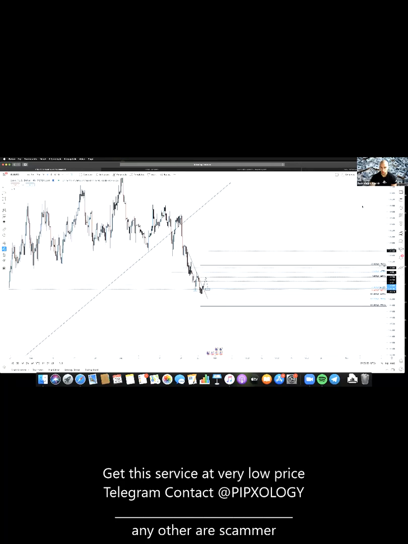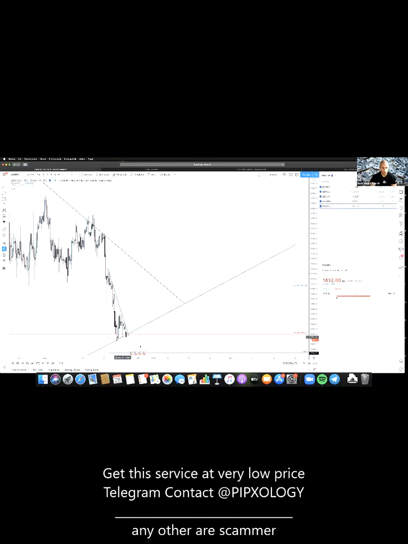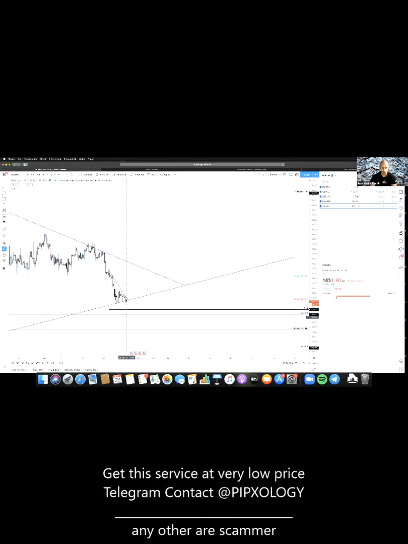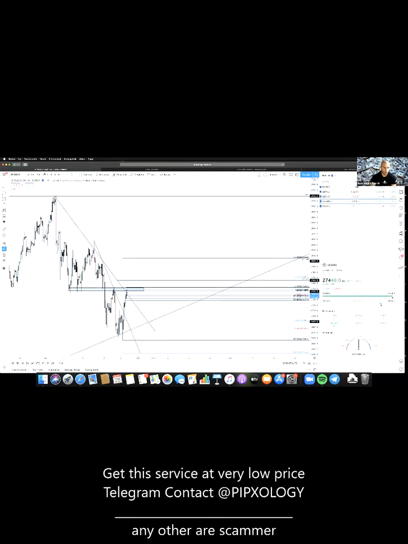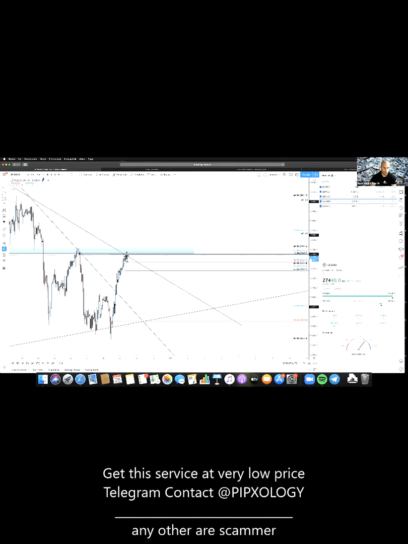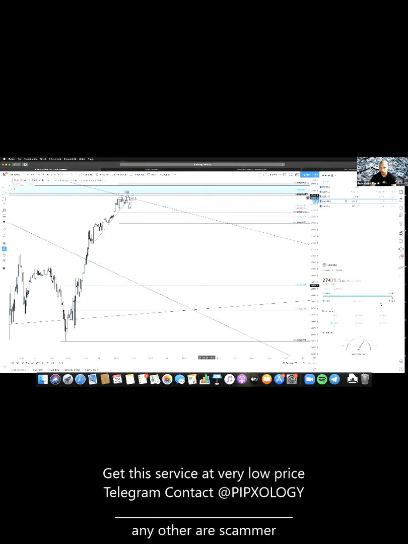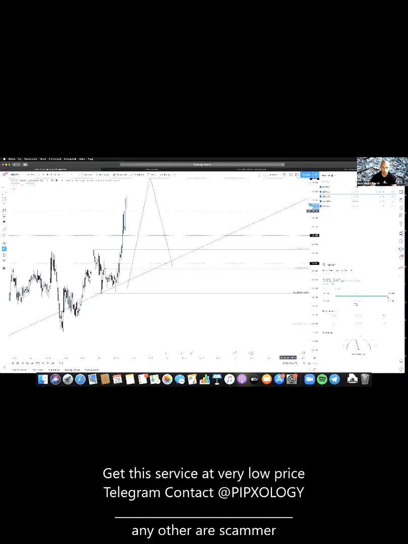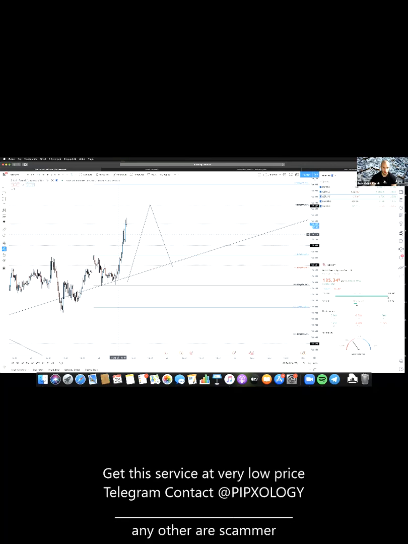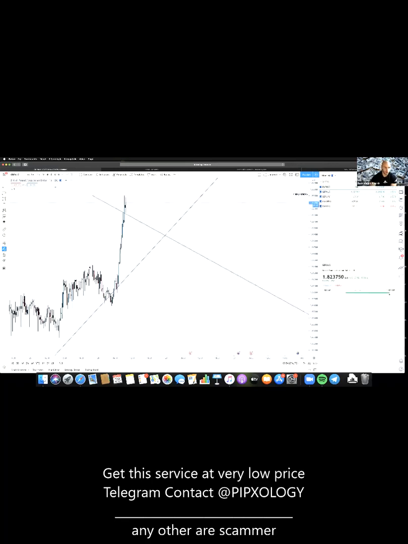Euro USD. On gold, we're just waiting to see whether the price breaks the trend line to the downside or breaks the counter trend line to the upside. Still waiting for one more push to the upside on US 30, after that we are waiting for the inverse head and shoulder, and GPY is waiting for one more push to the upside to the minus 68 after a bigger pullback to the downside.